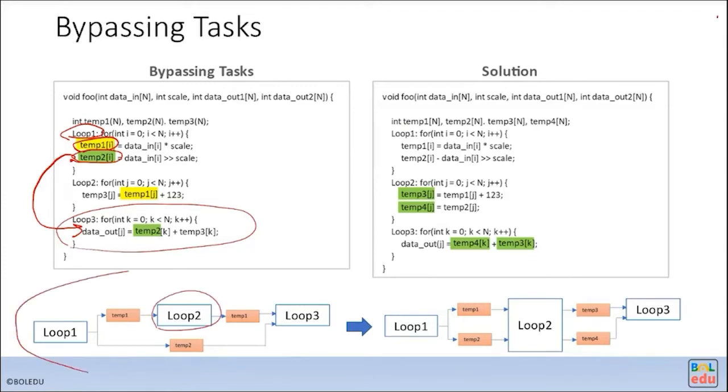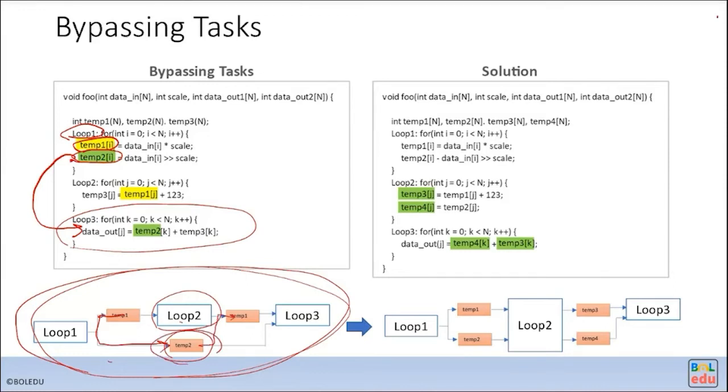You can see the data flow like this one: the output temp2 skips loop 2. So this introduces a latency issue, because temp2 doesn't have the loop 2 latency.